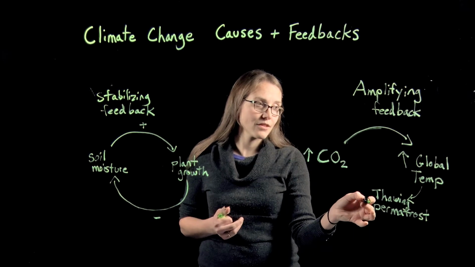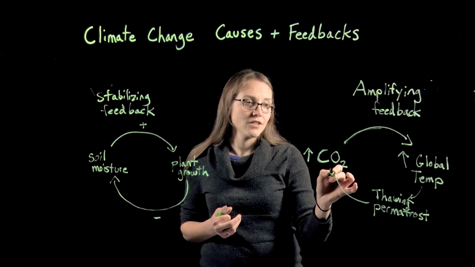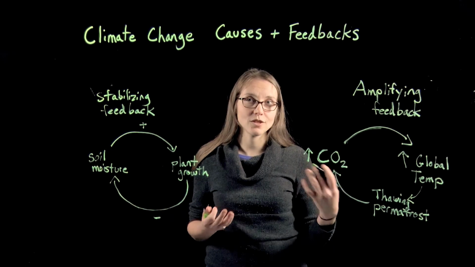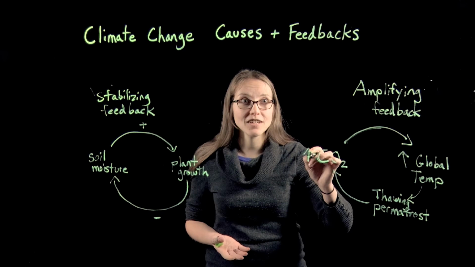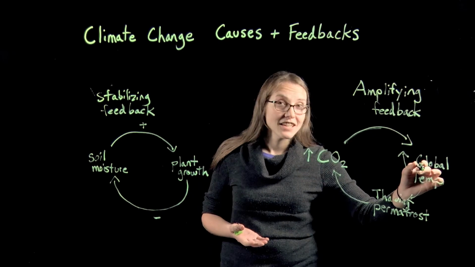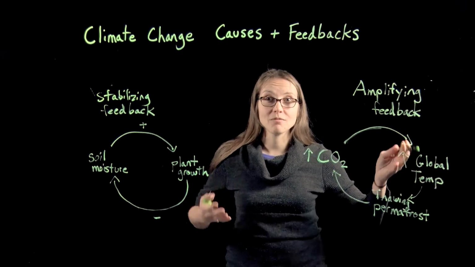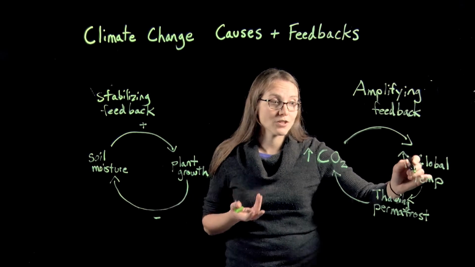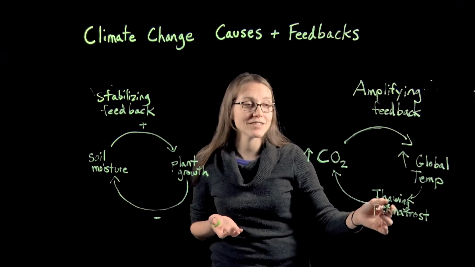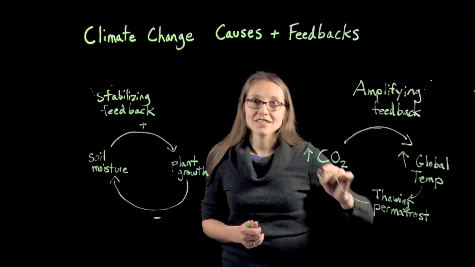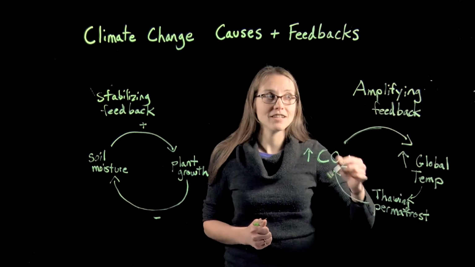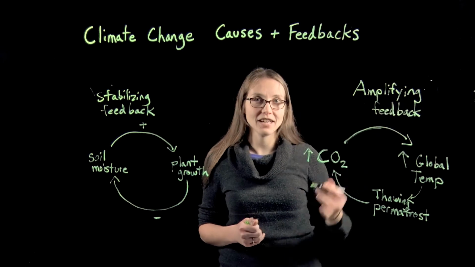So with thawing permafrost, you could actually get more CO2 in the atmosphere. And with more CO2 in the atmosphere, that traps more heat within our atmosphere, causing the temperature on the planet to rise even more, which could in turn thaw more permafrost and cause more carbon. And so you can see this is kind of the runaway pattern that's known as an amplifying feedback.